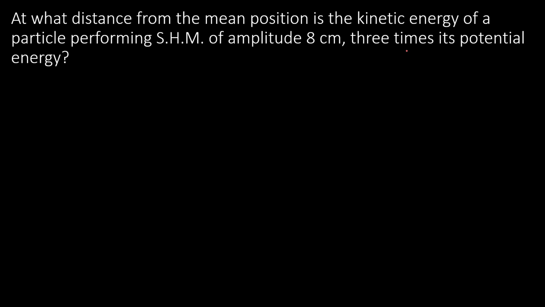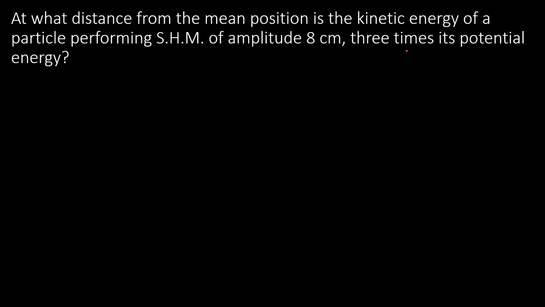The kinetic energy is 3 times the potential energy. The next parameter is the mean position. So at what distance from the mean position is the kinetic energy 3 times the potential energy, and the amplitude is given, that is 8 centimeter. Okay, so let's solve it.